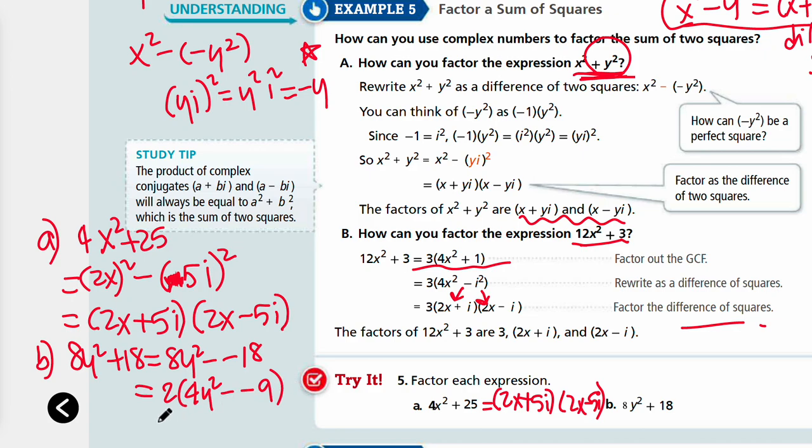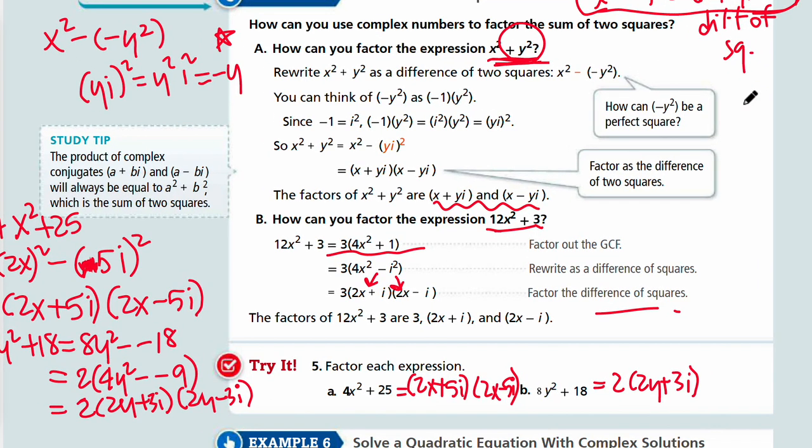And then you're going to use an imaginary number for that. So that's 3i squared, right? And so that's going to be 2 times 2y plus 3i times 2y minus 3i. So finally, this would be 2 times 2y plus 3i and 2y minus 3i.